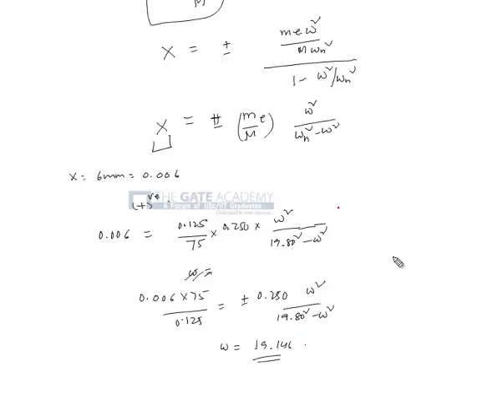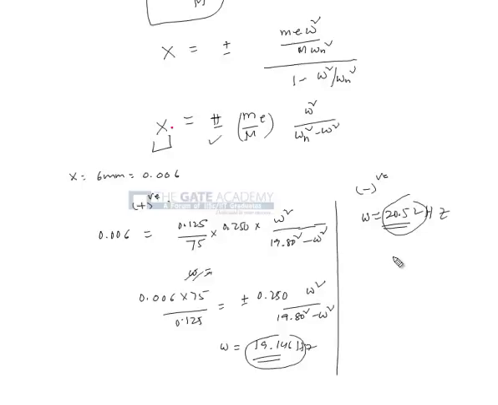Now if I take the minus sign in this equation and simplify, I get omega as 20.52. For two values of omega, you just put the minus sign and calculate by means of a calculator. You will get 20.52 hertz.